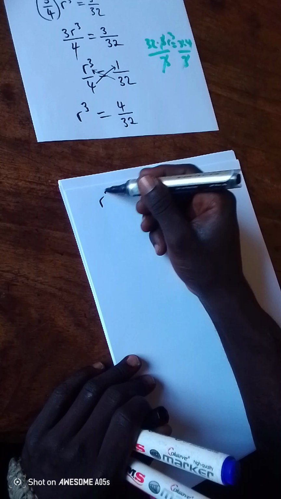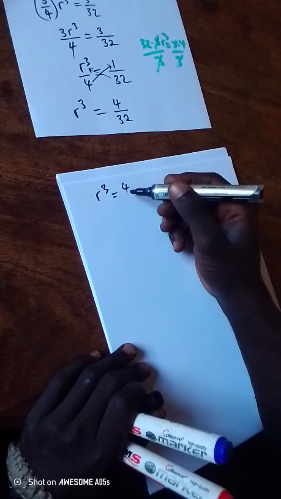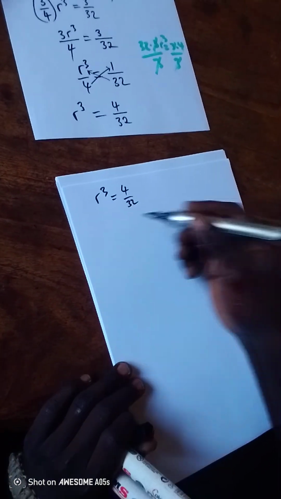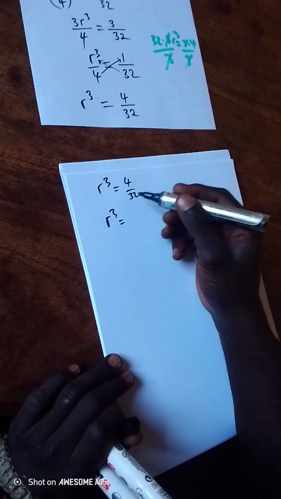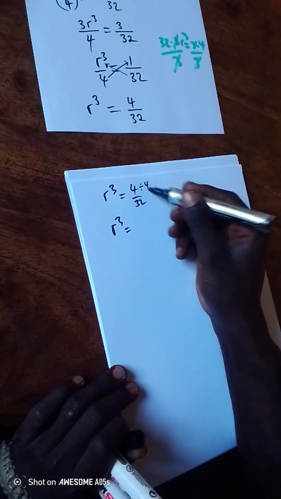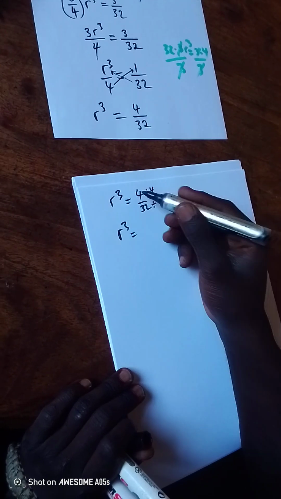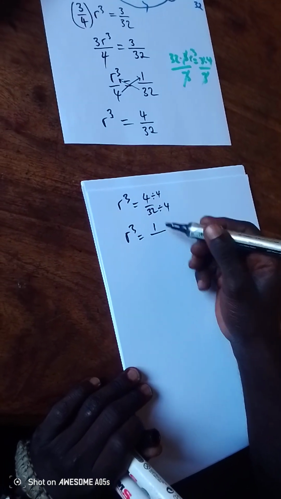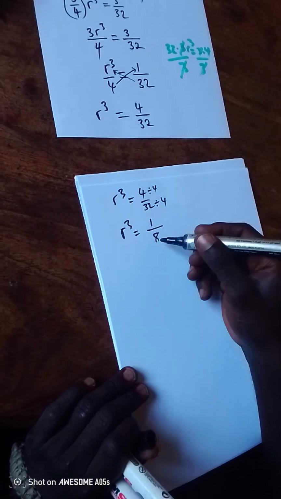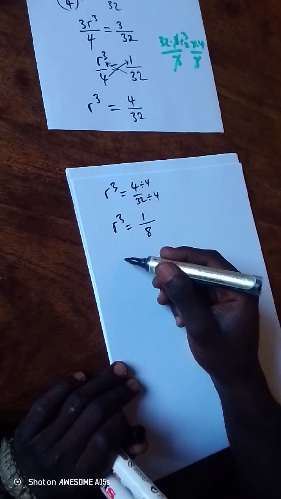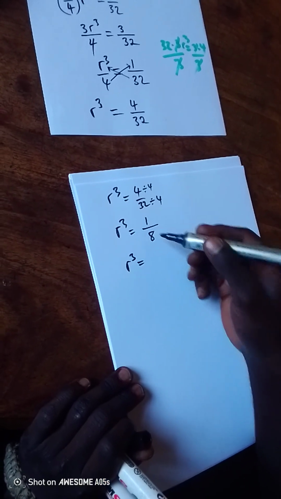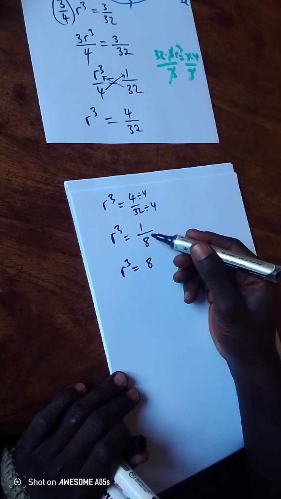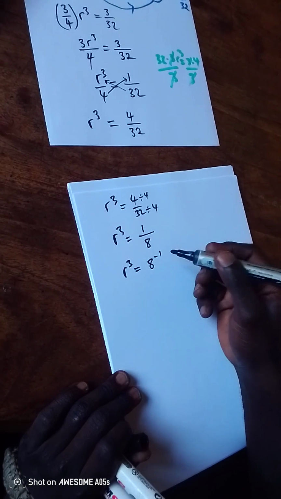Then just to rewrite it, we have 4 over 32. We know that 4 can go into 32 and it can also go into 4. So 4 into 4 is 1, and 4 into 32 is 8. Then if a number is below 1, it is as good as that number to its power in a negative form.